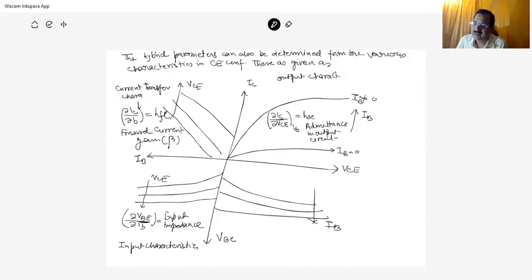So delta VB upon delta VCE is HRE, that is reverse voltage gain, and this is termed as voltage transfer characteristic.